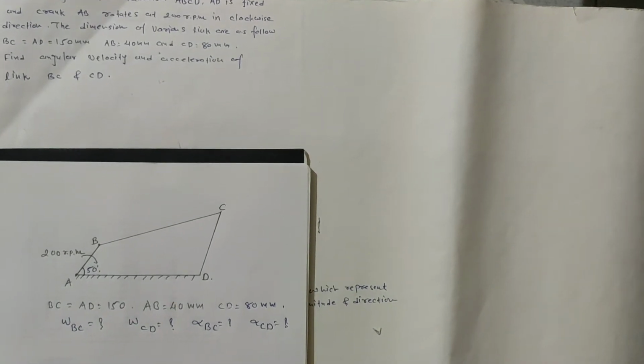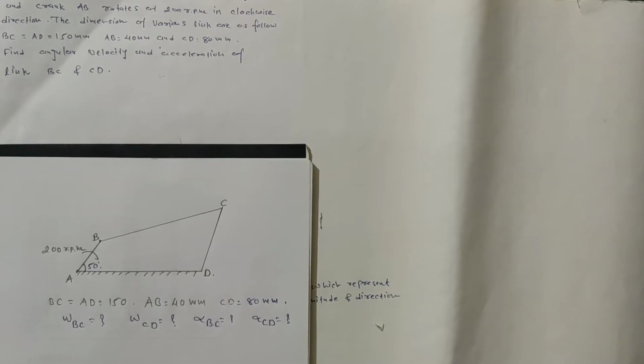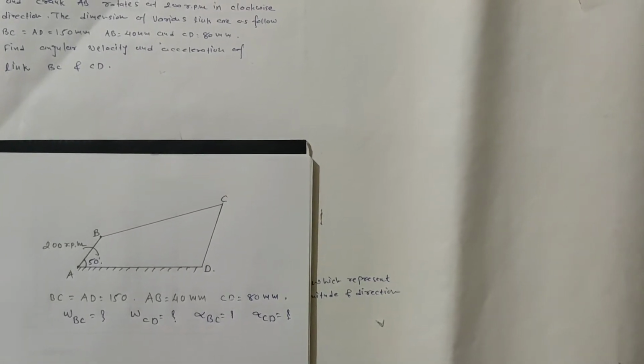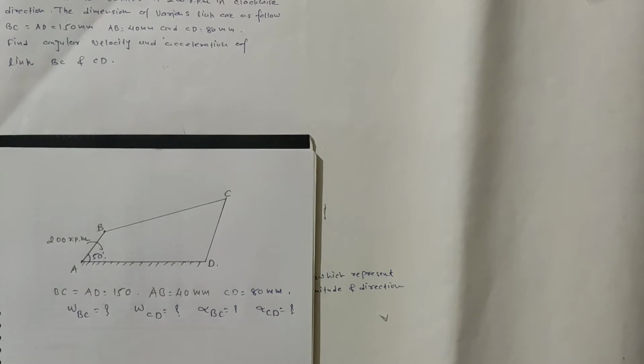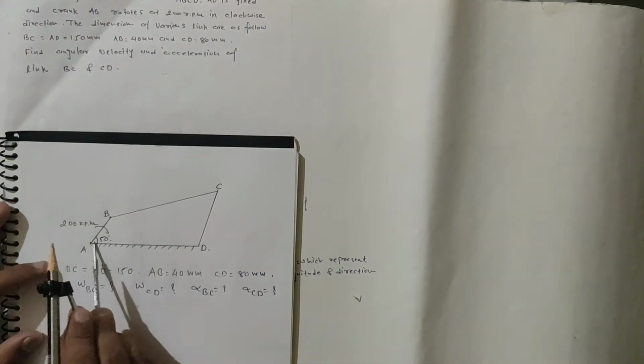So first, let me explain how to draw this diagram. All of you study this in chapter 1, the introduction. First we have to draw one horizontal line, then as per the data we draw AB at 50 degrees.